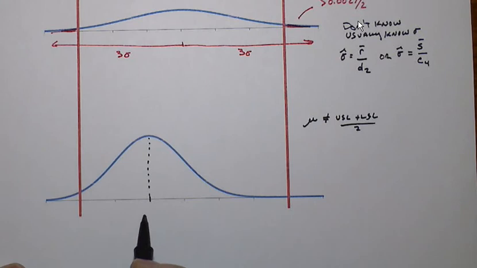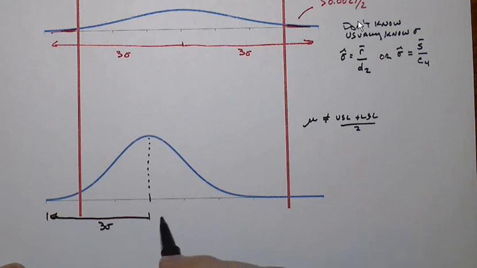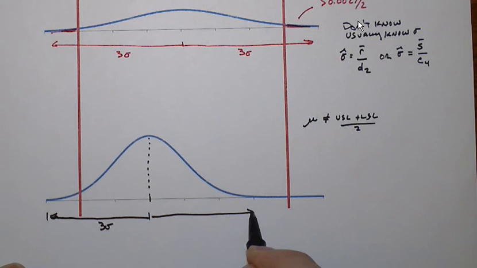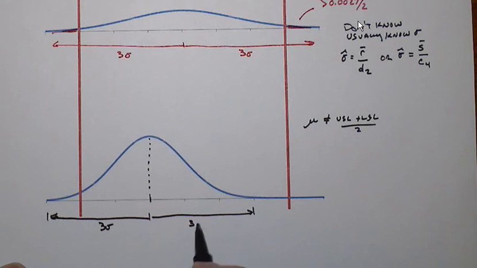So here's our center, and there's our 3 sigma bound. And we'll calculate our PCR based upon which one we're closest to.